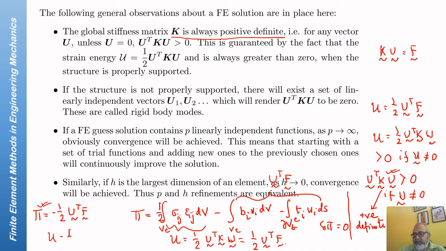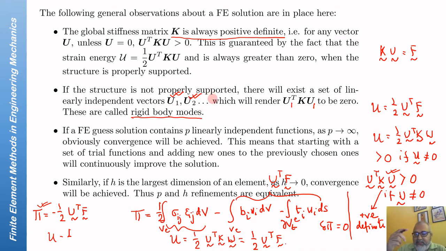If it's not properly supported, then you might have a set of linearly independent vectors, let's say U1, U2, etc., which will mean that U1 transpose K U1 is equal to 0, U2 transpose K U2 is equal to 0, and so on. So these are called rigid body modes.